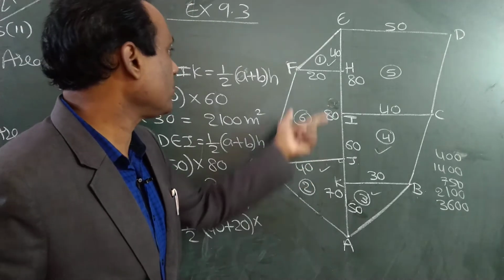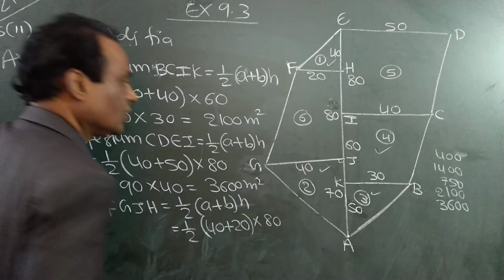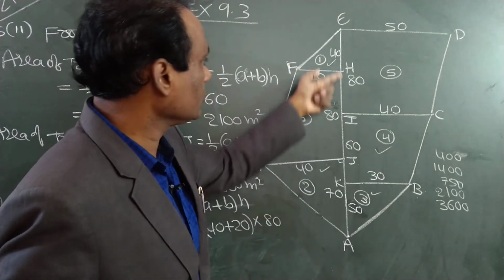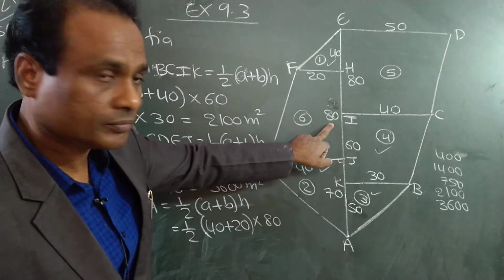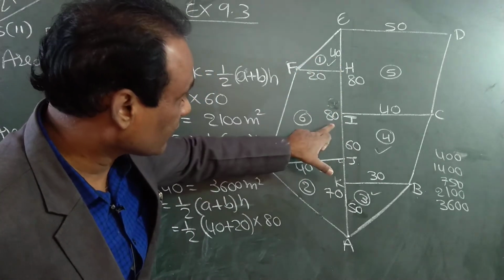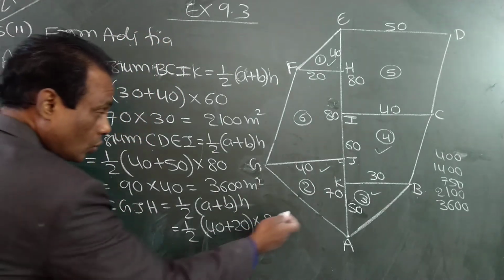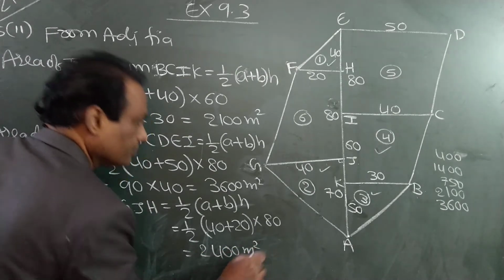Half 40 plus 20 into 80. 40 plus 20 is 60, half of 80 is 40, so 2400. You see the simplification.